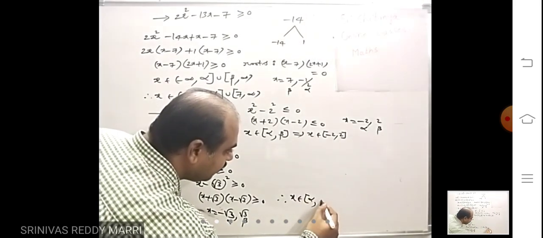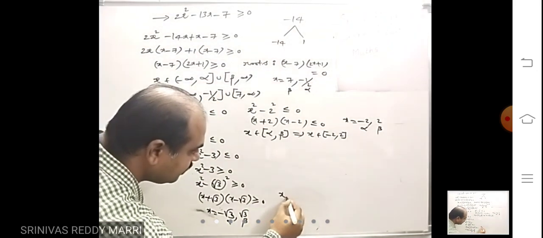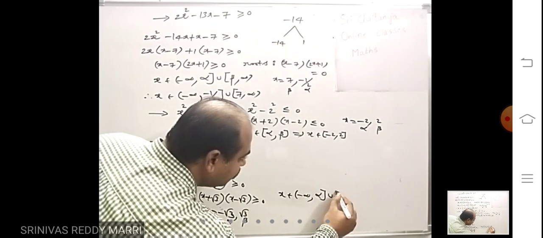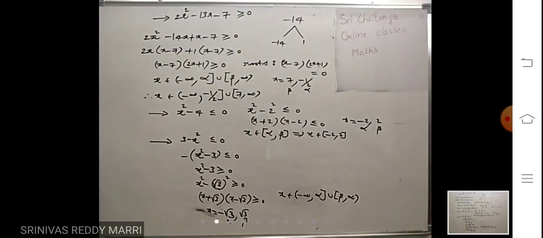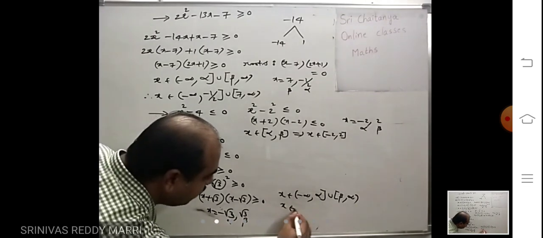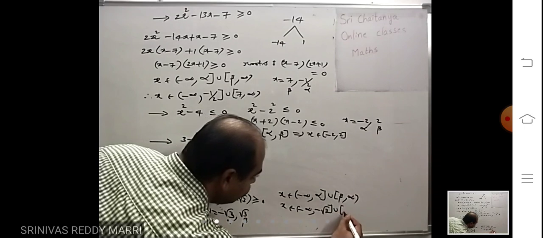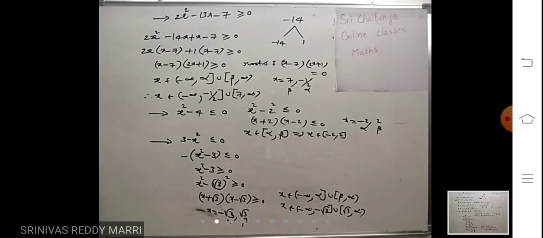X belongs to alpha comma beta? No. Greater than means x belongs to minus infinity comma alpha union beta comma infinity. That is the answer. Minus infinity comma minus root 3 union root 3 comma infinity. So this is the answer.